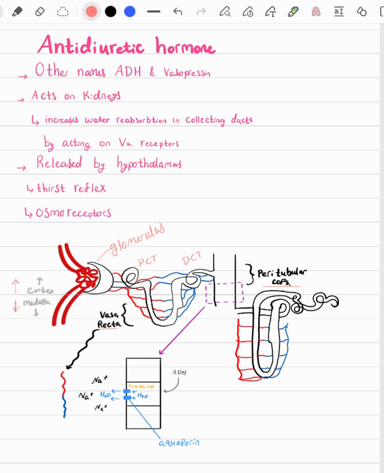So peritubular capillaries are important for nutrient and water reabsorption, and they are in the cortex of the kidney. And then in the medulla, that's where you have this vasa recta, and that is for water balance.